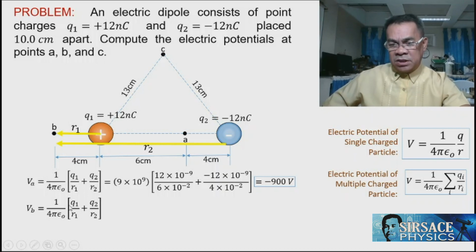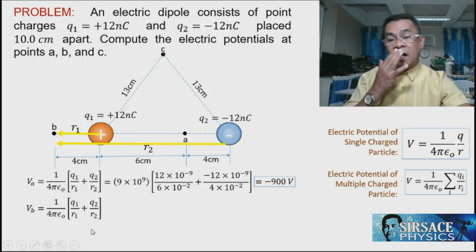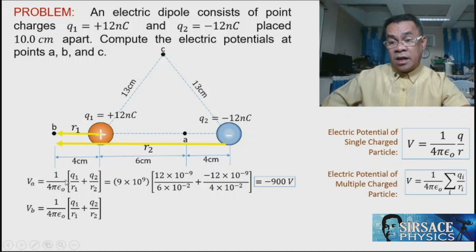Substituting into the formula, take note that the constants and charge one are the same. The only difference is R1 and R2. In this case, R1 at point B is 4 cm. Our R2 is 4 plus 6 plus 4, a total of 14 centimeters.